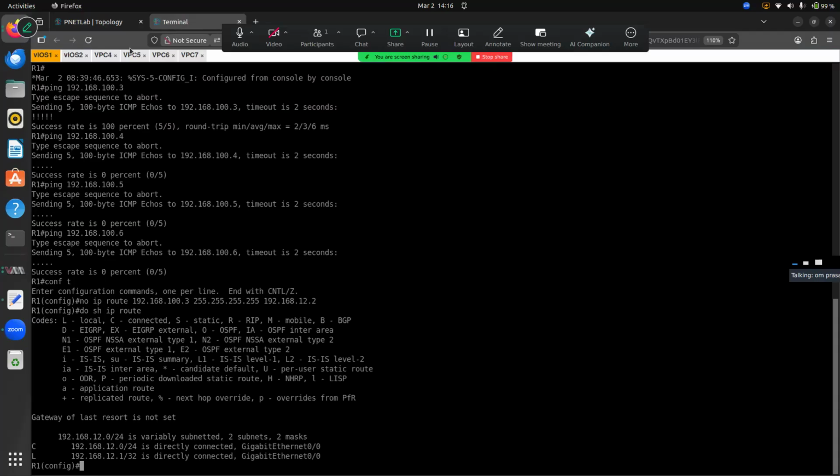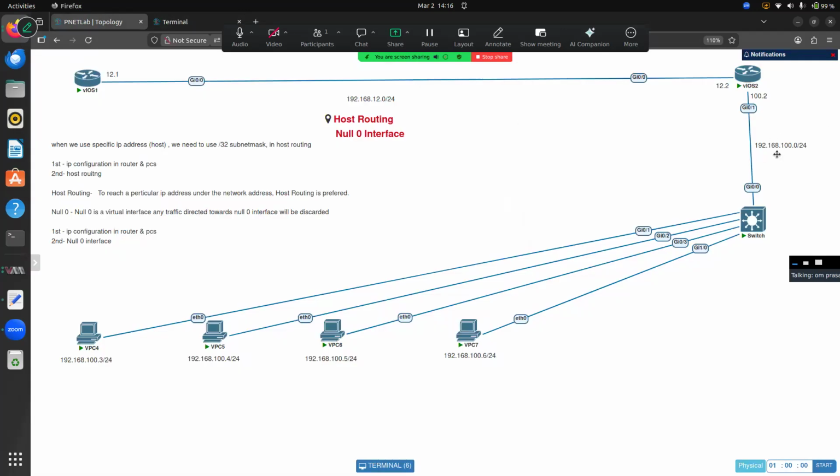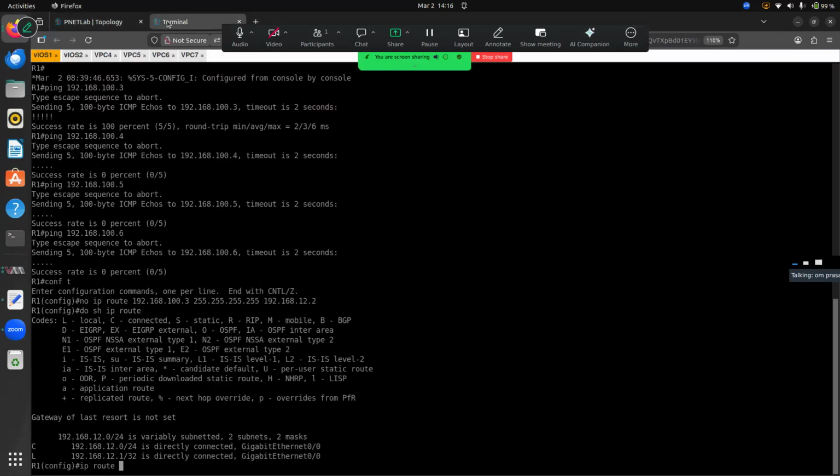So let's go to R1 and first I'll configure the IP route. What is my destination network? 192.168.100.0, this network, right? Okay.